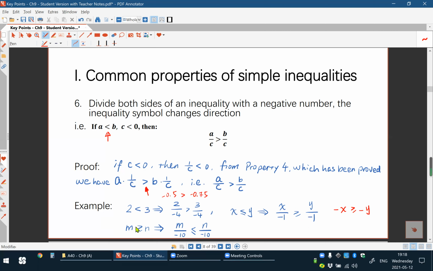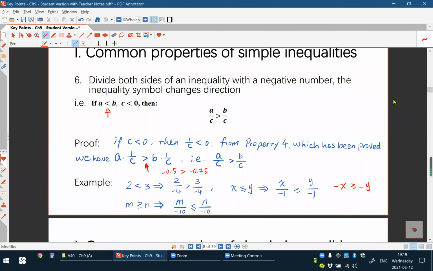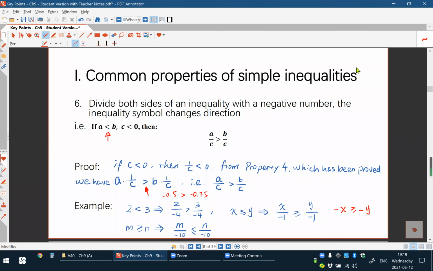Next, if we know that m is equal to or greater than n, we know that m over -10 is smaller than or equal to n over -10, right? Any questions? No? Okay, let's see the next one.